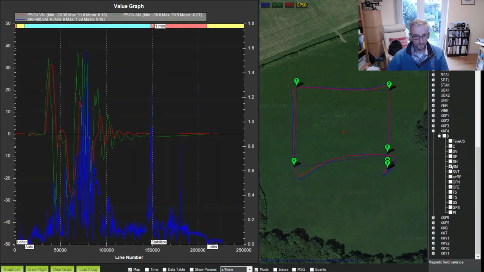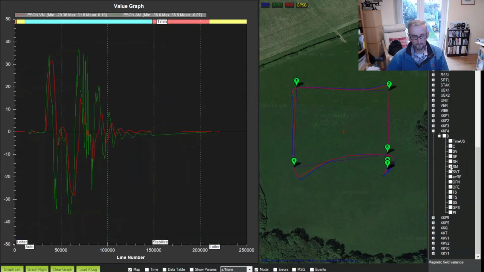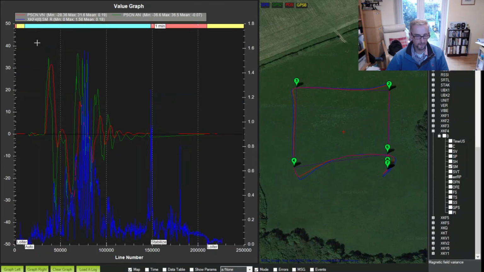And then the mag. The mag is very unhappy here; you can see it's up to like 1.6, and this is probably partly the reason for the loss of control. I think that was all of them, wasn't it? So mag very bad here.